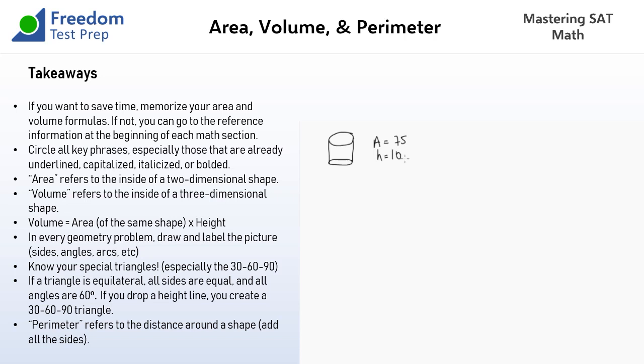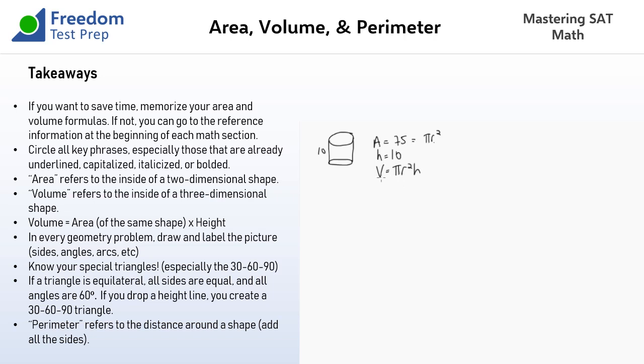All right, so right away, now, if they didn't have a picture already, you would draw your picture, you would say your height is 10, and you already know the area formula for a circular cylinder. It's pi r squared, which is the area. Well, okay, let me do it this way. The volume is going to be pi r squared h, right?